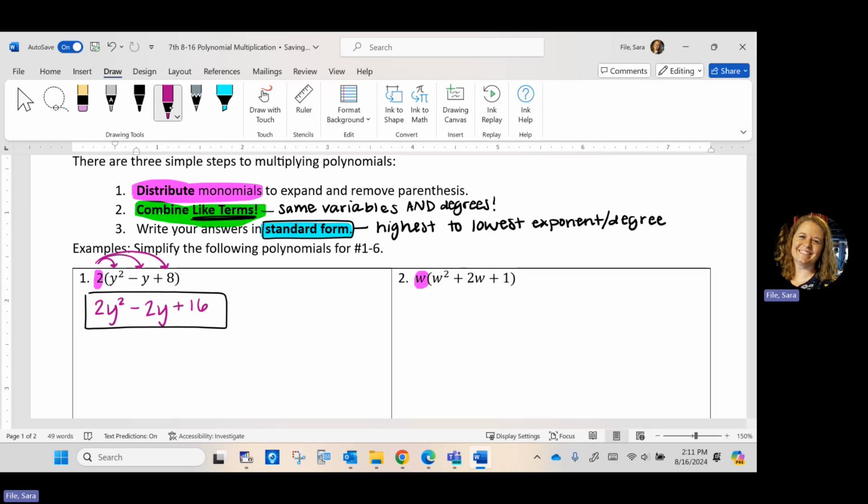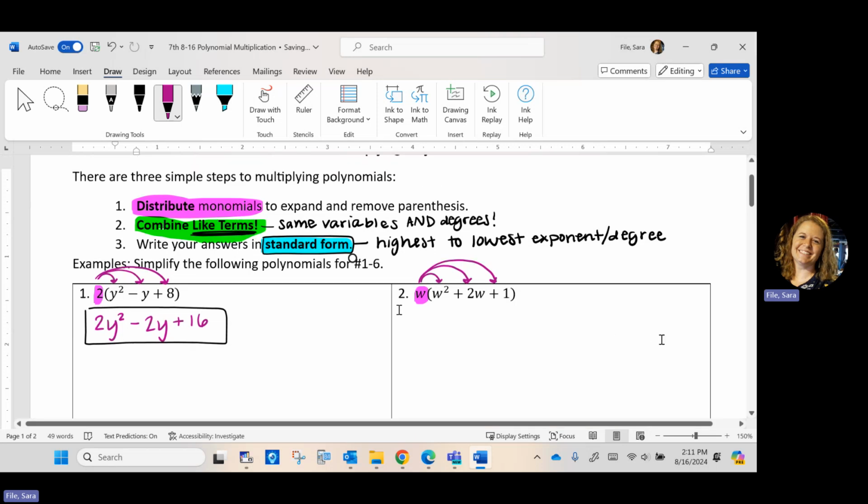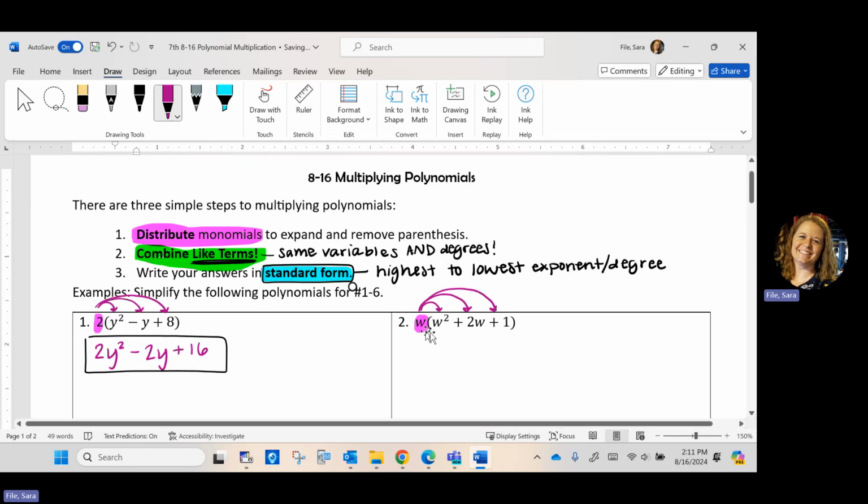Let's try number 2. When I distribute this w to all 3 terms in this trinomial, this is a little different because we're not distributing a number, we're distributing a variable. So you have to remember how multiplying variables affects their exponents. I'm going to put a quick reminder up here of an exponent rule.